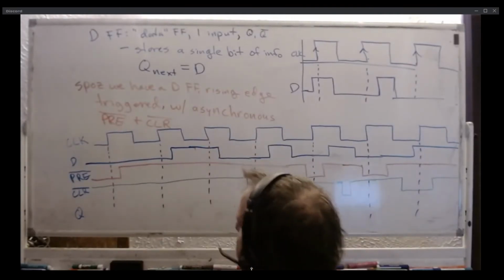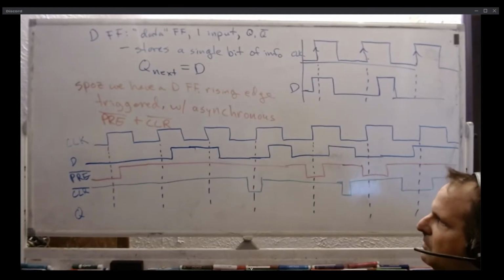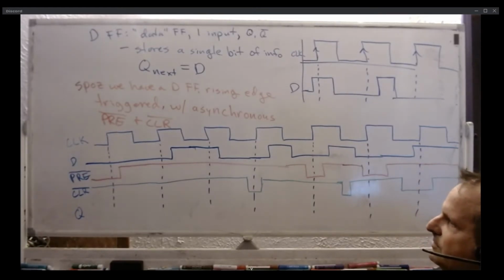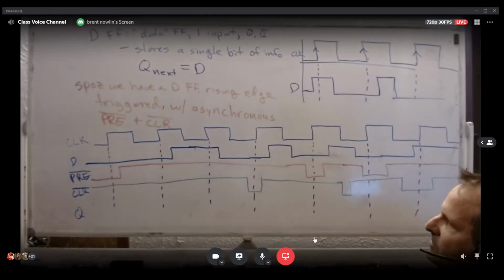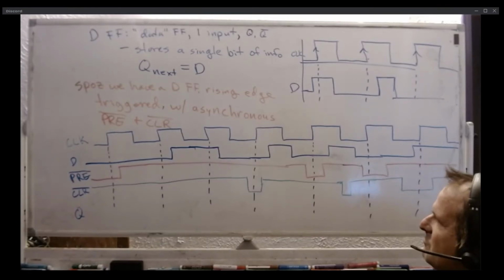Okay. Do we know what Q is going to do in the very beginning? Do we know what Q is before the first active edge? No, we don't know. I disagree with you.